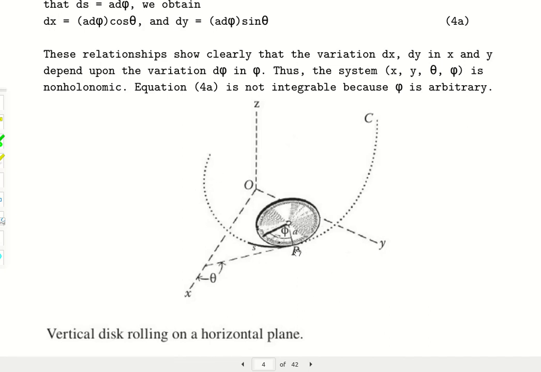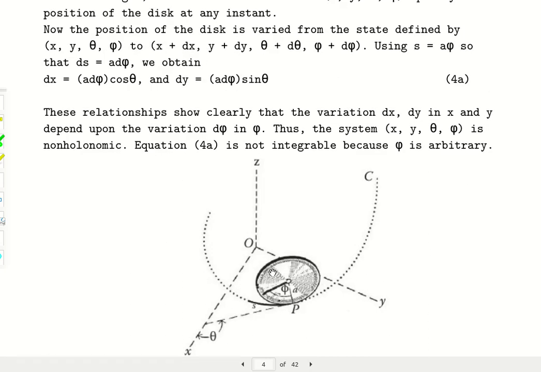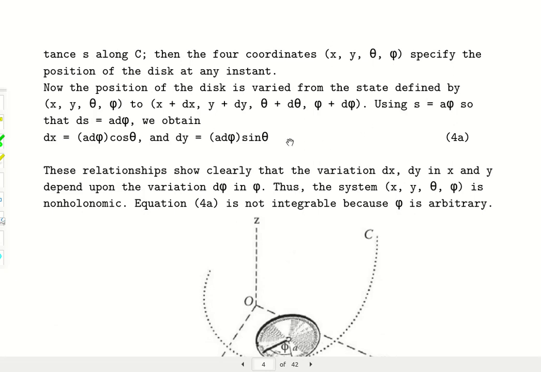As x, y changes, theta also changes, and the disc is rolling, because of that phi is also changing. So there are 4 coordinates, which change in the time dt: x to x plus dx, y to y plus dy, theta to theta plus d theta, phi to phi plus d phi.